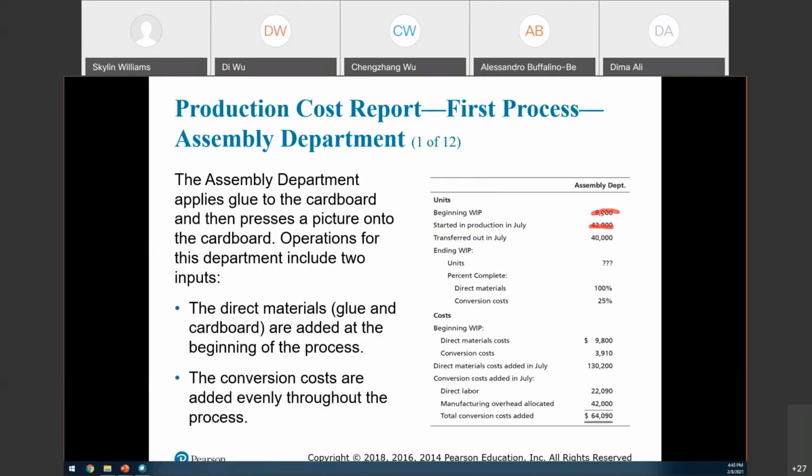So 8,000 plus 42,000 equals the units to account for.